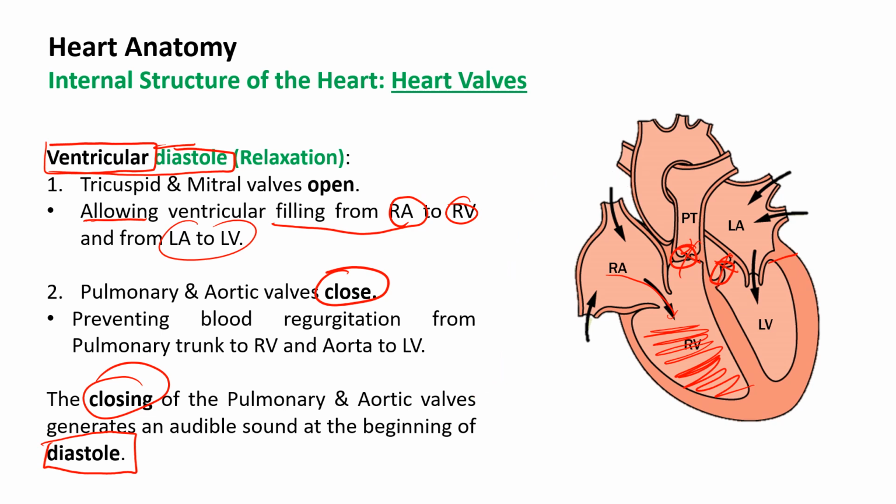When the valves open, in the same way how when a door opens, it doesn't make a lot of noise, but when you close the door is when it generates sound. So in diastole, we have S2, and this S2 is the one that is generated by the closing of the pulmonary and aortic valves.